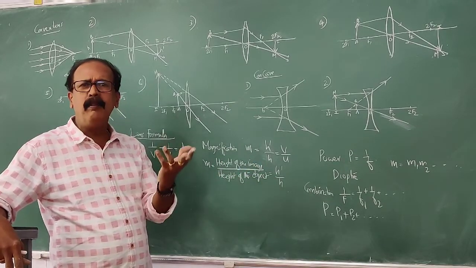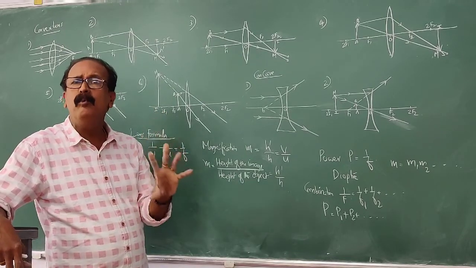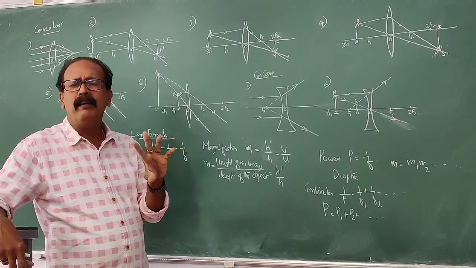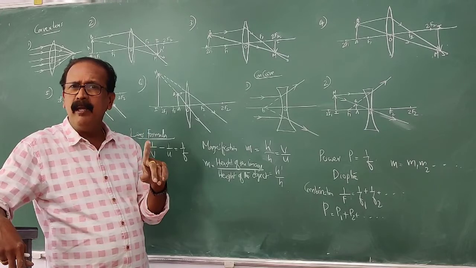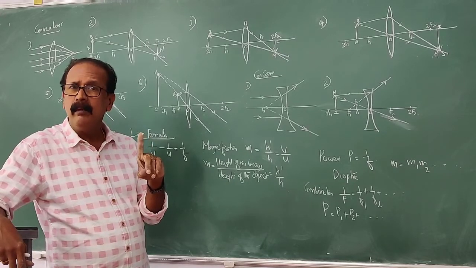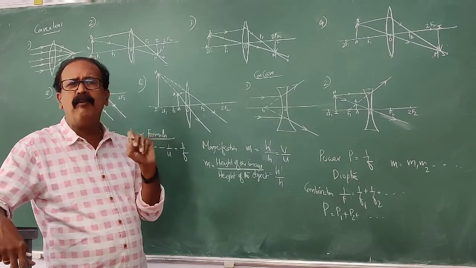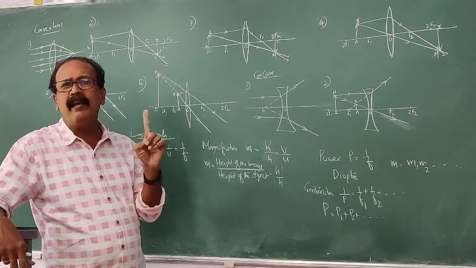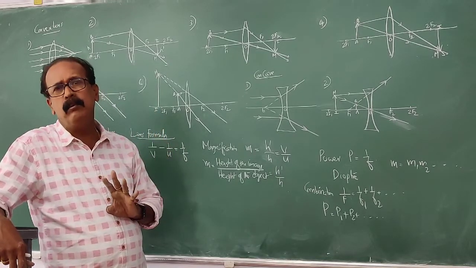When you find out the formula, now derivation is needed, its value is m equal to v by u, the ratio between v and u. But what you studied for mirrors was minus v by u. Here the magnification is plus v by u. So let us not be confused. For mirrors, the mirror formula is 1 by v plus 1 by u equal to 1 by f, and the magnification is m equal to h dash by h equal to minus v by u.